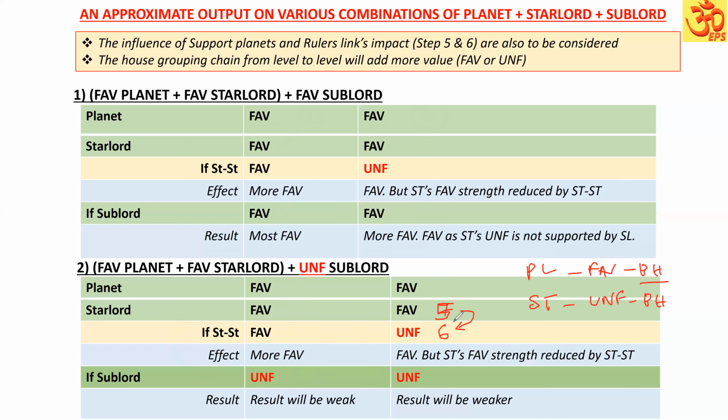The impact will be comparatively lesser, because as we discussed in the combined level study, I think in part number 1, when a planet in the star lord is having the 8th house or 12th house counted from the favorable house, the impact is going to be more, especially the 12th house, because it is going to reduce. I hope you have understood this concept; keep it in mind. So now that favorable is getting reduced and further reduced by the other unfavorable.